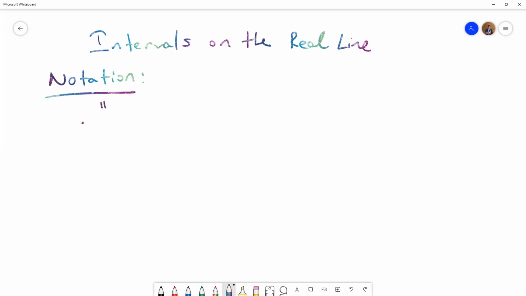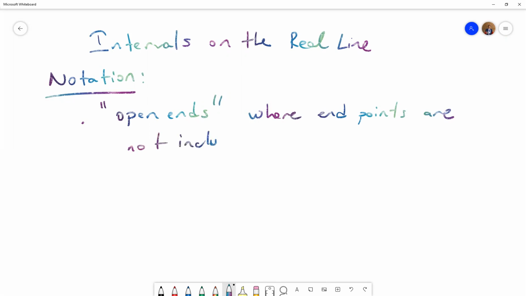First, open ends. What does it mean? Where endpoints are not included. So use this bracket or this bracket from the left and from the right.